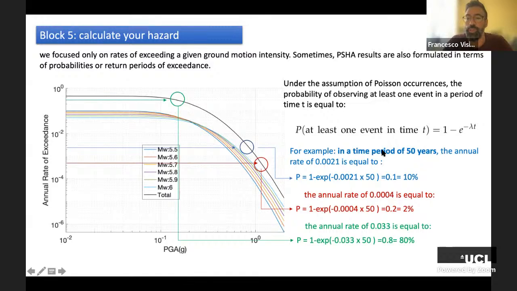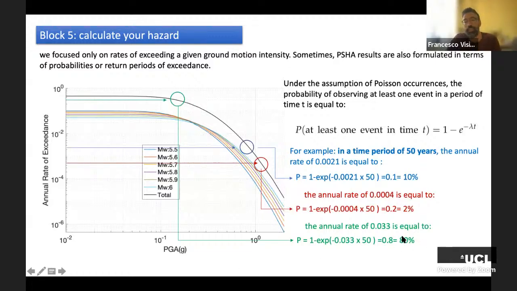So, for example, if we are using a period of 50 years, as commonly used, and the annual rate is 0.0021, it means that we have a probability of exceedance of this value of PGA that is 10%. If the annual rate is this number here, the red number, we have a probability that is 2%. If the annual rate is 0.033, it means that we have a probability in 50 years of 80%.